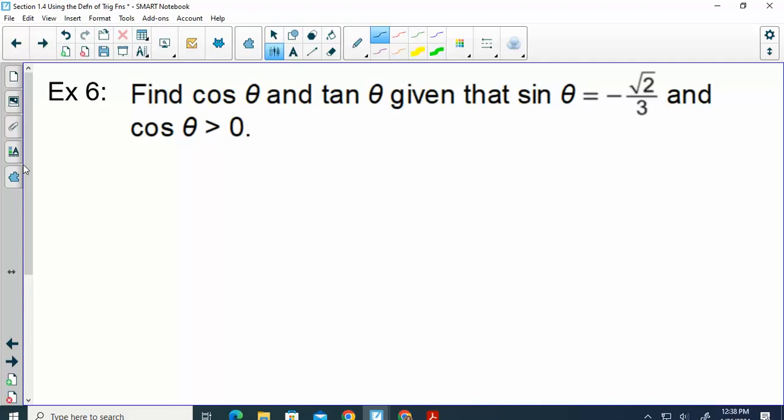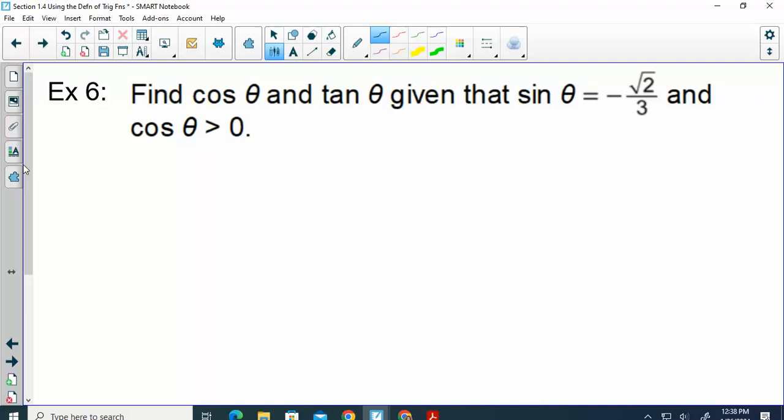Well, if I know sine, what's the definition of sine? Y over r. So technically, I know my y and my r. Would the negative go with the y value or the r value? The y, because r has to be positive all the time. So could we do this the exact same way we did all of our problems yesterday? Absolutely, 100%. And if you do that, that's fine. I don't care. Can I show you another option? Absolutely. In case somebody likes this other option? You don't have to use it.